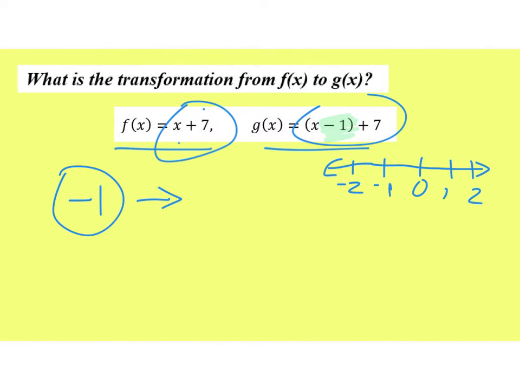It's opposite of what we think because it's inside the parentheses. Remember when we did point slope form, it was the opposite of what we thought, or the opposite value when we took out the point. So in this case, we have a -1. You would think you would go left because of a number line, right? But it's opposite of that. So in this case, this would be right 1 unit.